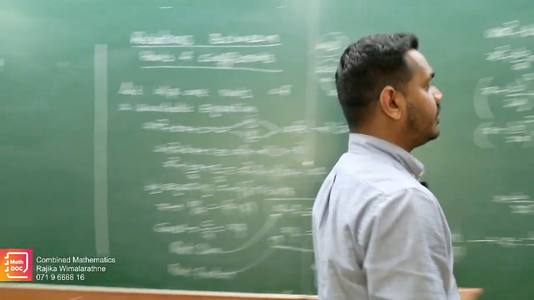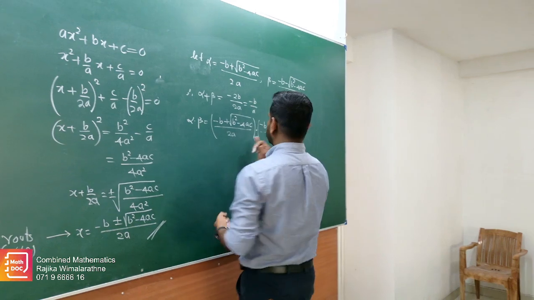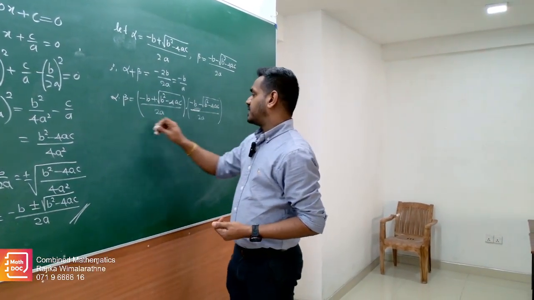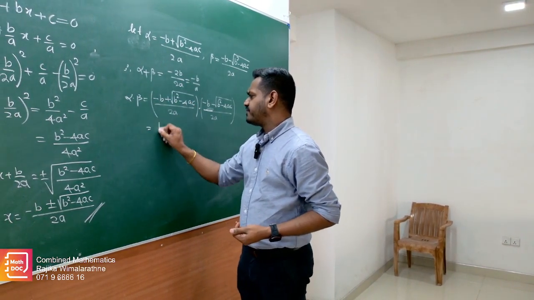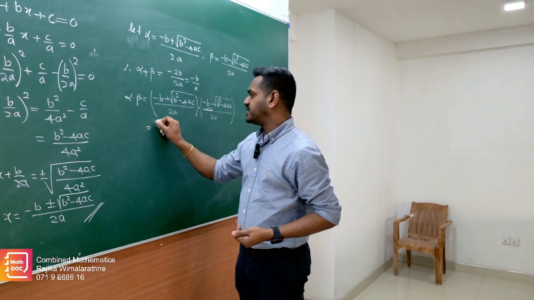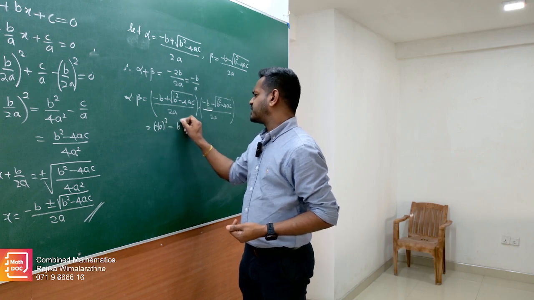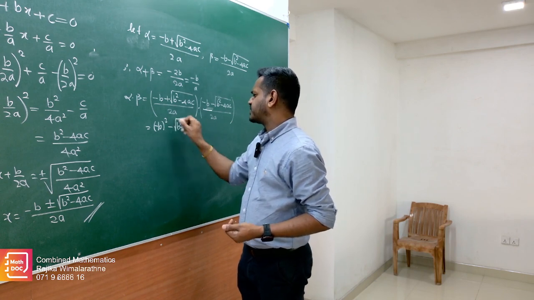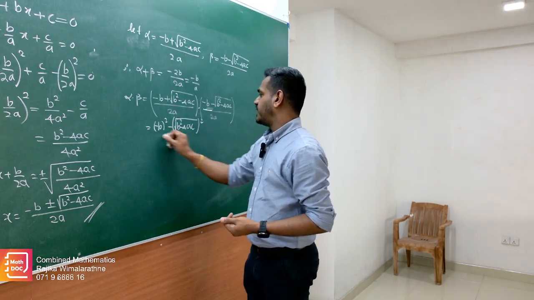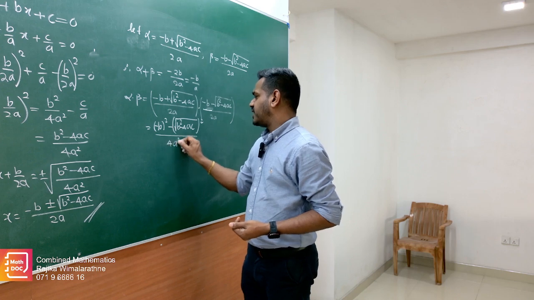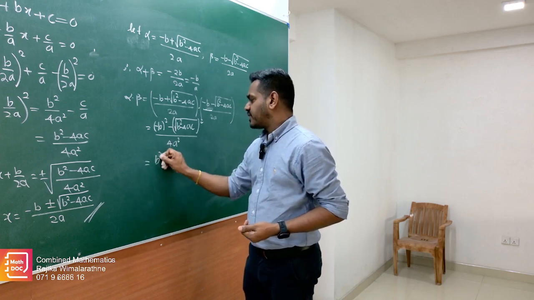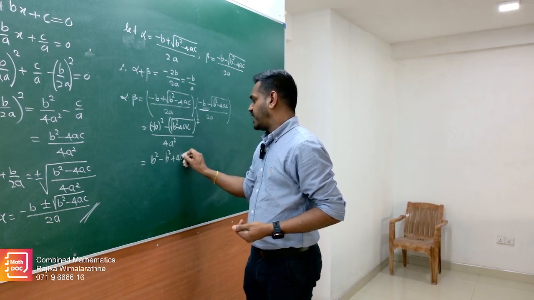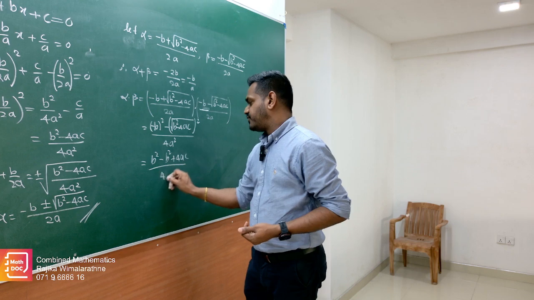Now here we can see a difference of two squares, no? Then b squared minus the square root of b squared minus 4ac, squared, over 4a squared. Simplify: b squared minus b squared plus 4ac divided by 4a squared.